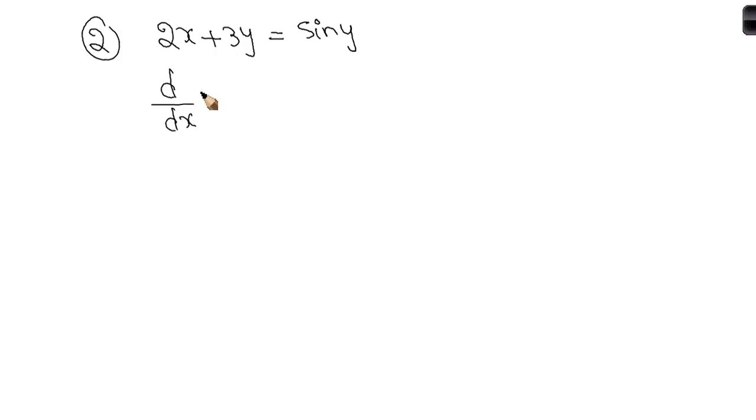Second example. Find the derivative of 2x plus 3y is equal to sin y. So the same thing, differentiating on both sides. So if I do differentiation on both sides, I'll get d by dx of 2x plus d by dx of 3y is equal to derivative of sin y with respect to x.